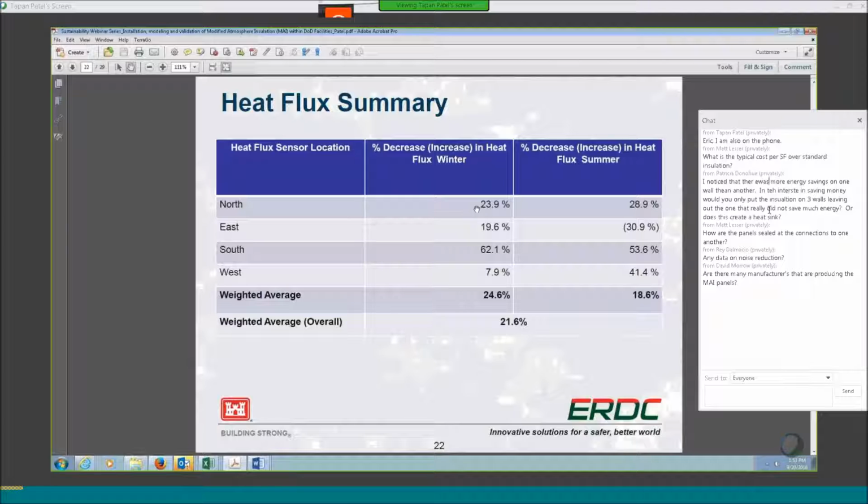Okay. You mentioned the tape that was applied to seal the panels together. Could you describe what kind of tape that was? Yeah, it's called Zip tape. That's actually the brand that's used there. You can get it at Lowe's, Home Depot, really any of the big chains, and it's a very good tape.